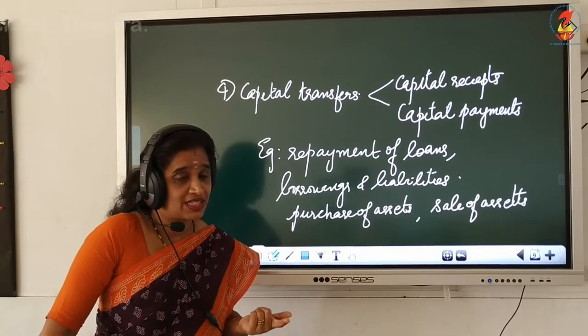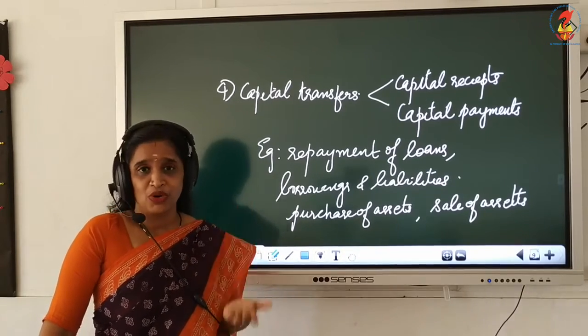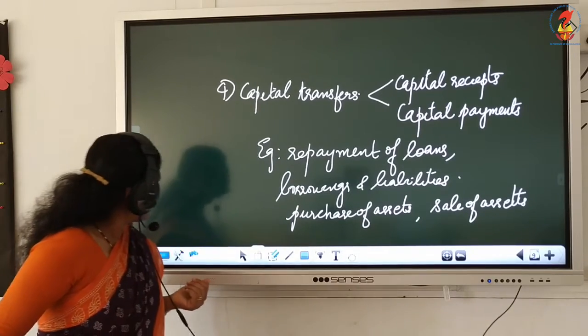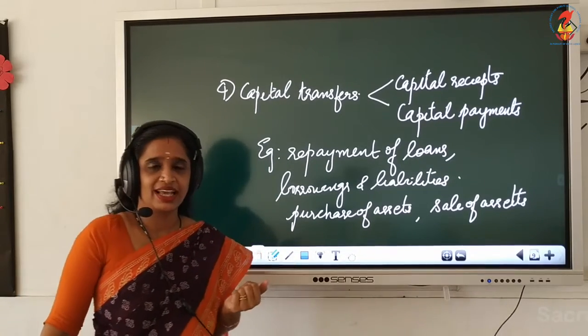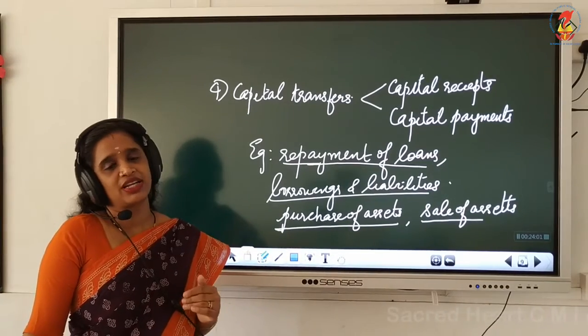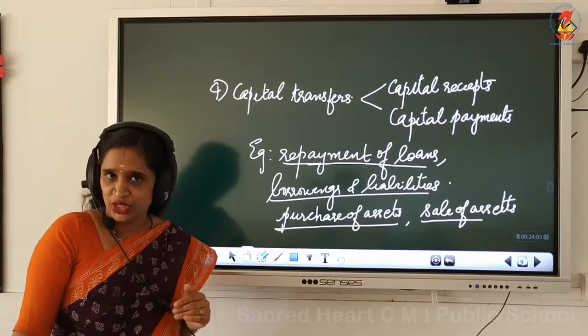Examples are repayment of loans, borrowings and liabilities, then the purchase of assets and the sale of assets. Now, this is all with regard to economic transactions in BOP. I hope it is very clear to you.